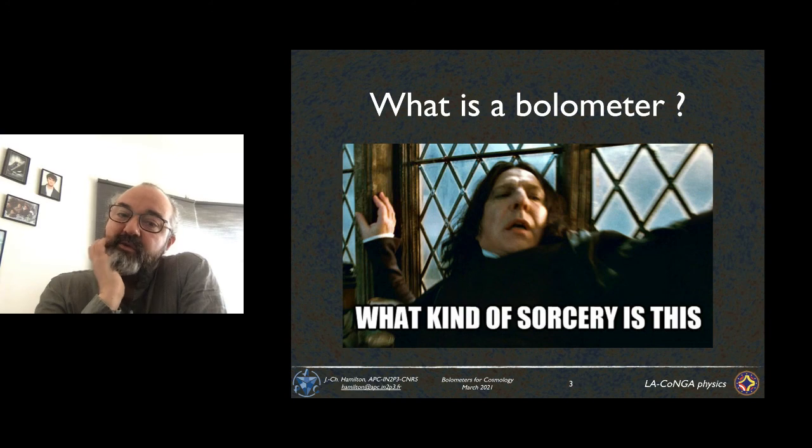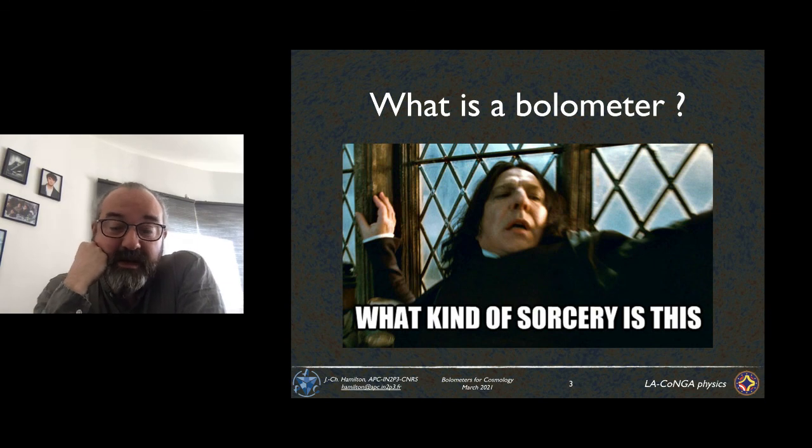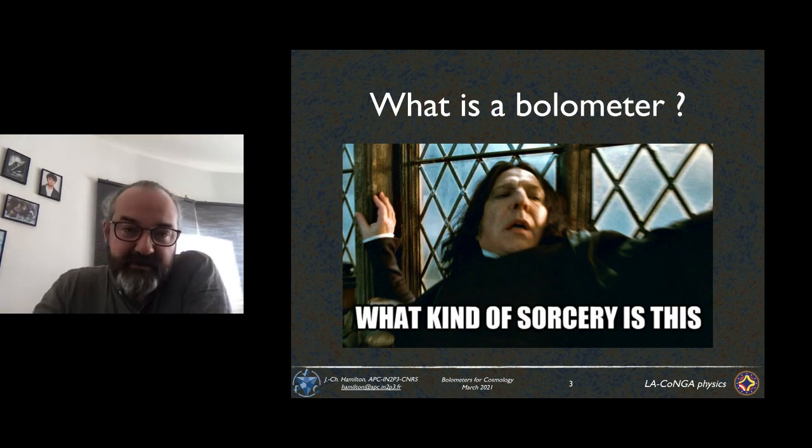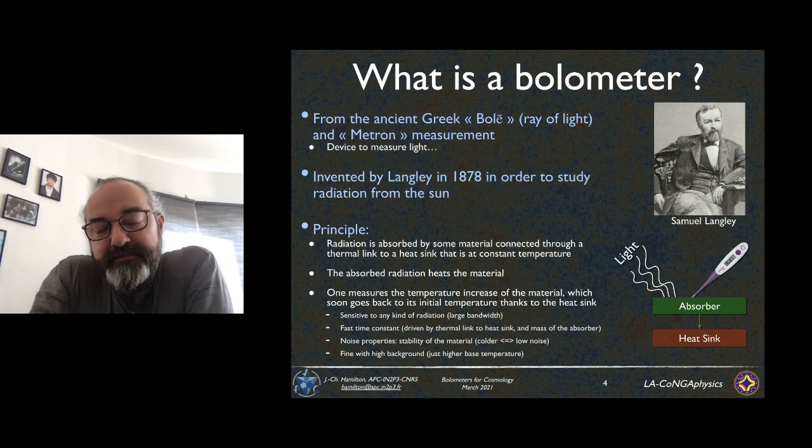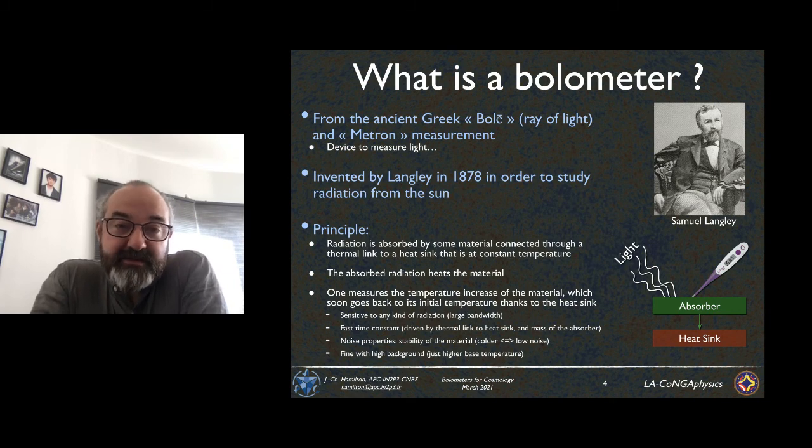Okay, so let's go into the talk, and let's ask ourselves what is a bolometer. And as you will see, there are some kind of magic tools in the experimental physicist toolbox. So the word itself, bolometer, comes from the Greek bole and metron, and it's self-explanatory if you speak Greek, which I don't.